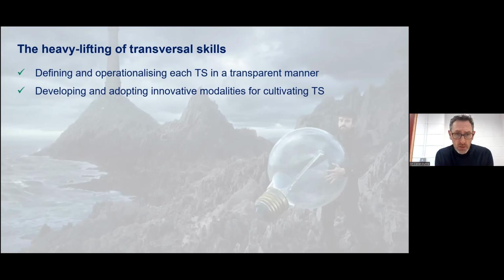There's a huge amount of knowledge that students have to acquire. So how can you integrate the transversal skills in an authentic way, while respecting the academic freedom of the academics, but also recognizing that if we want all of our students to develop these skills, there needs to be some level of consistency or standardization across the institution?